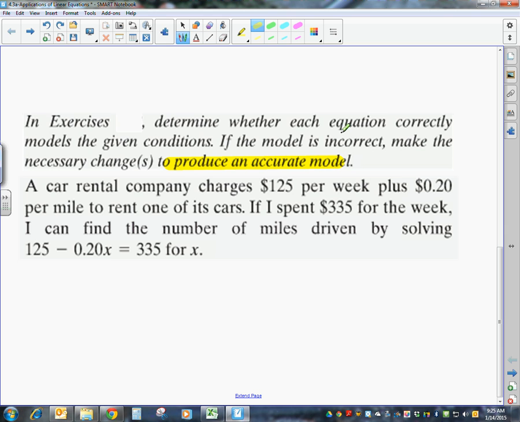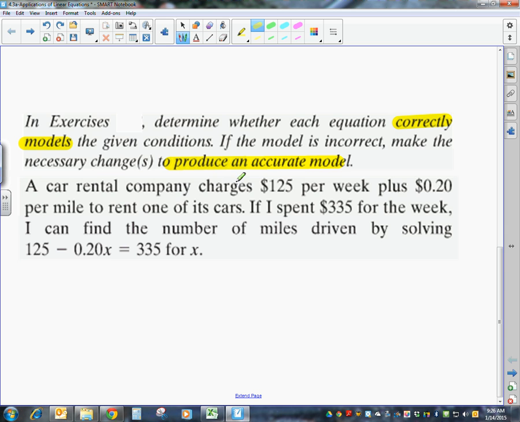So we have a car rental company that charges $125 per week plus 20 cents per mile to rent one of its cars. If I spend $335 for the week, I can find the number of miles driven by solving this equation for X. We've had this kind of problem before, and that's why I wanted you to see it again. So let's see if that makes sense.